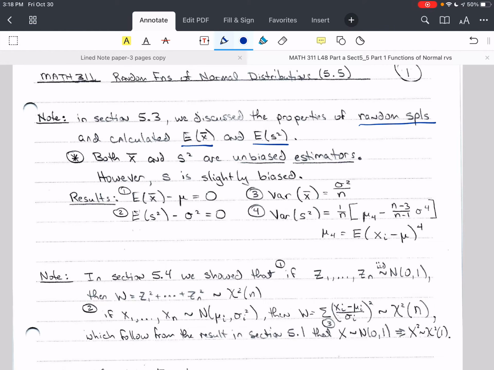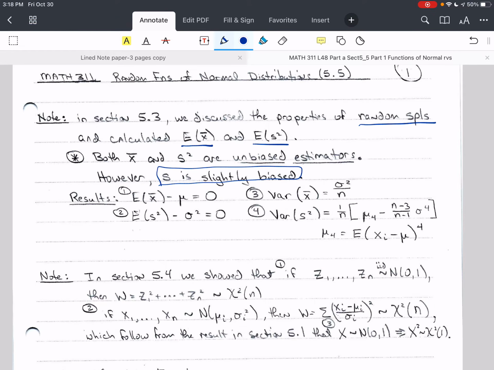And we said that both of these are unbiased estimators of the population or distribution parameters. Okay? But it turns out that s is slightly biased, but it's still one of the best, if not the best, estimator for the population standard deviation. There are others that are unbiased, but they're very complex compared to s. And the improvement is not very much.